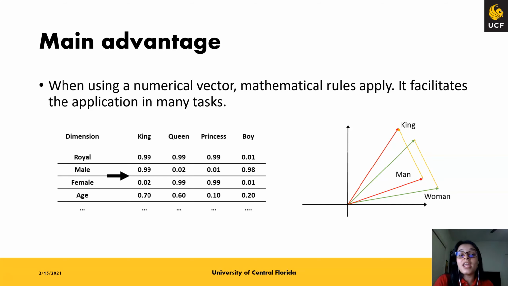When we have the age dimension, king and queen will have a higher value than princess and boy because we know that usually princess and boy are connected with children that have lower age than the king and the queen.